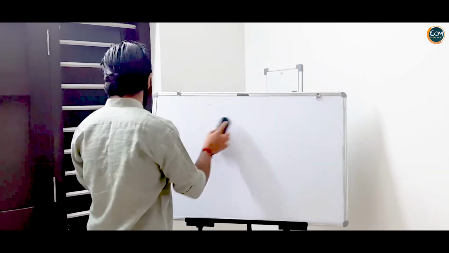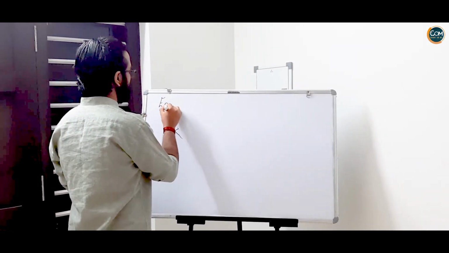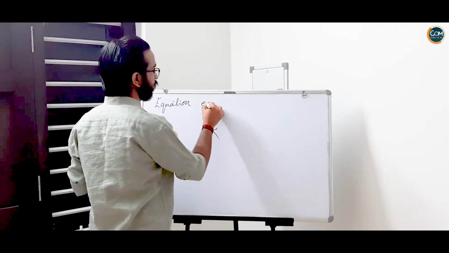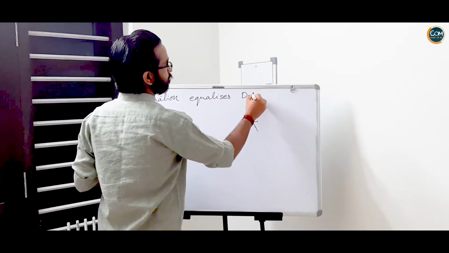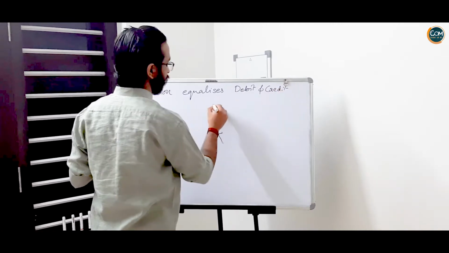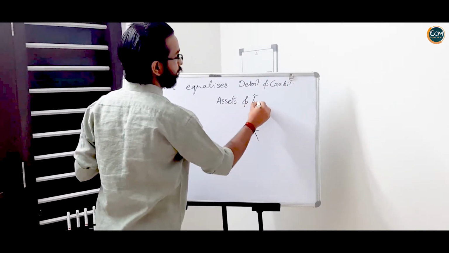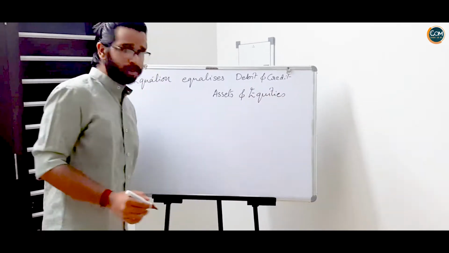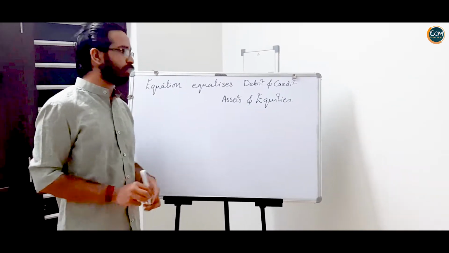Accounting equation concept, or accounting equation. The accounting equation is an equation which equalizes debit and credit, or otherwise assets and equities in a transaction. Now, some of you may be confused, what are equities?